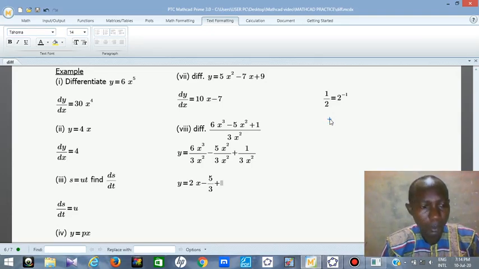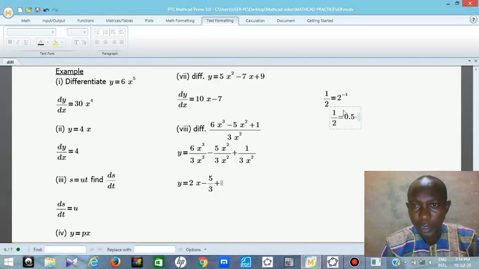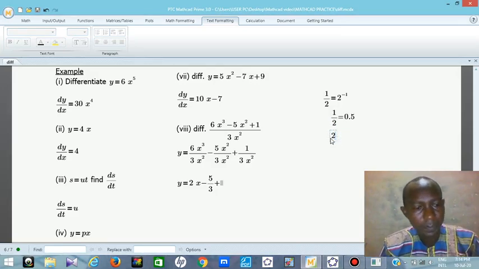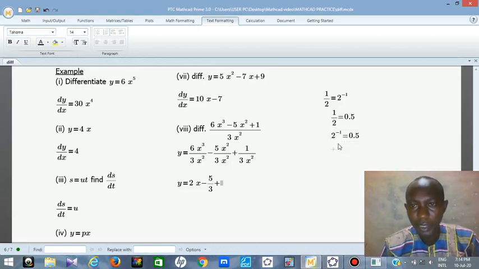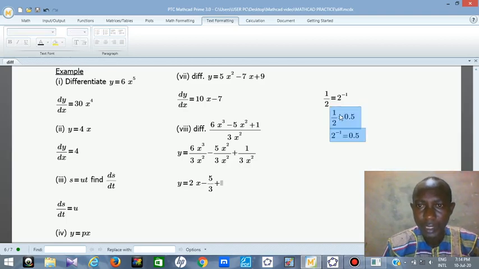It's a very important law in indices. 1 over 2 will give you 0.5. If you also solve 2 raised to the power minus 1, you will see that you still get the same result when you tap equals. Both of them give us the same result, so take note of that, they are the same.